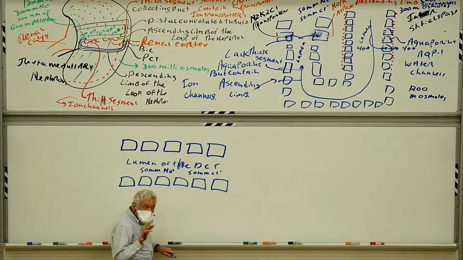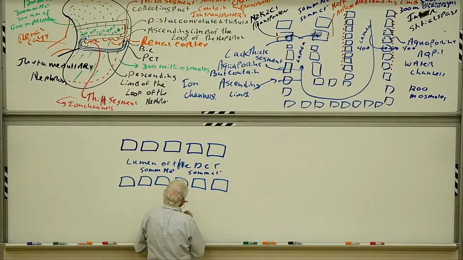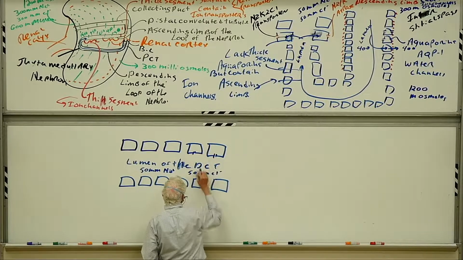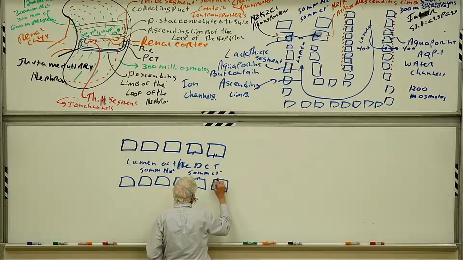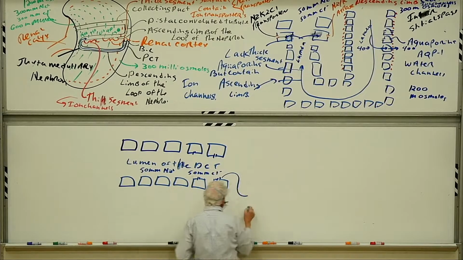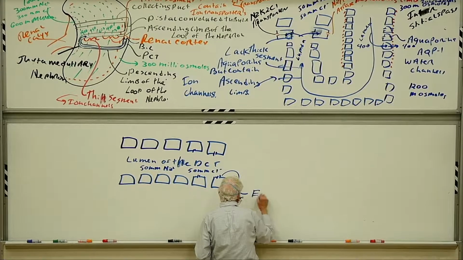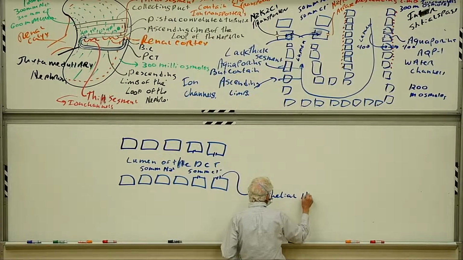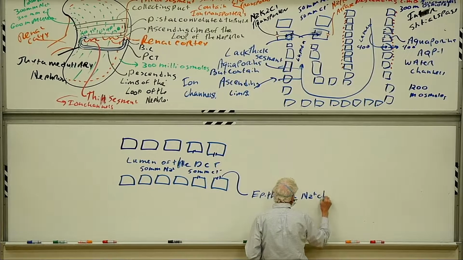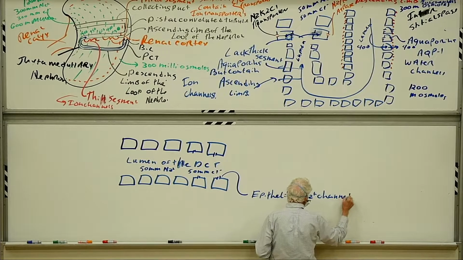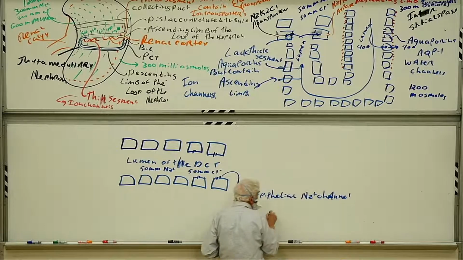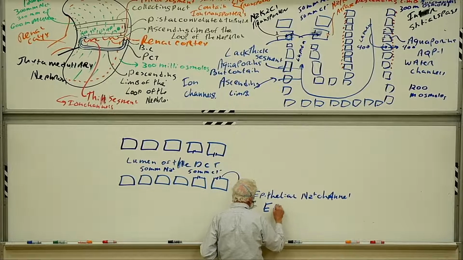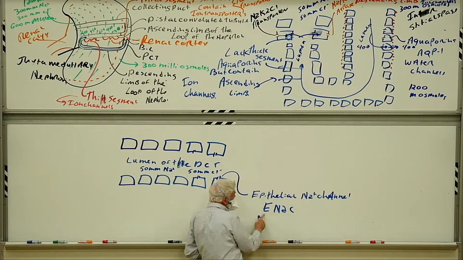So the way we're going to do this is out on the apical surfaces of these epithelial cells. Will be a transmembrane protein, which is said to be an epithelial sodium channel. You'll often see this referred to as an ENaC, E-N-C, epithelial sodium channel.